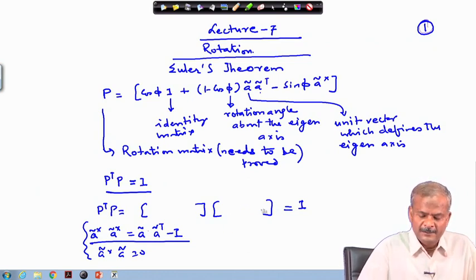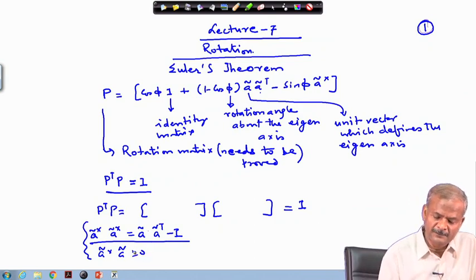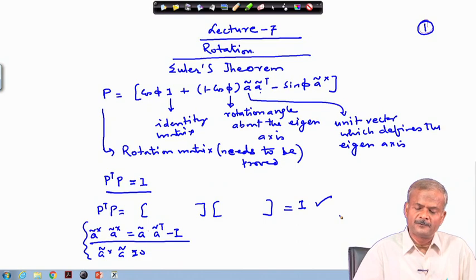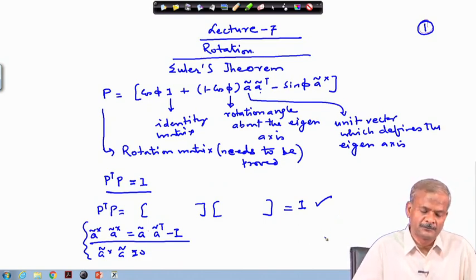In that expanded equation, if you use these quantities, ultimately it will get reduced to I, which I am not going to prove here, because we are going to take this as a tutorial problem.